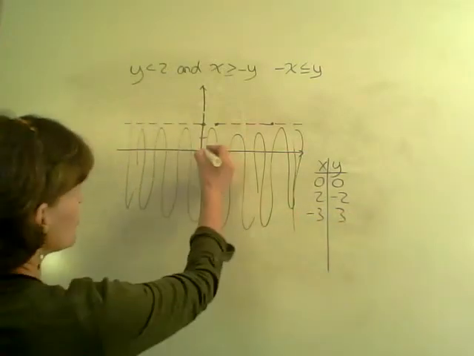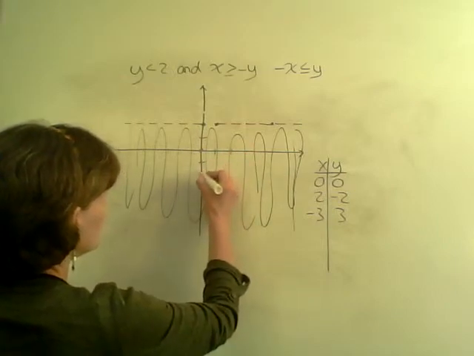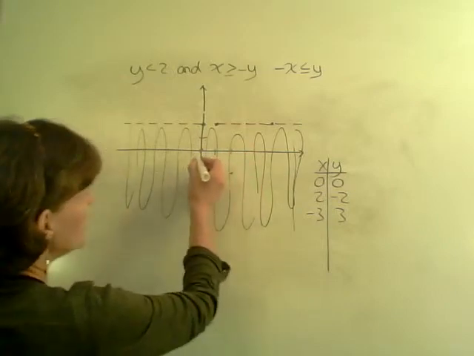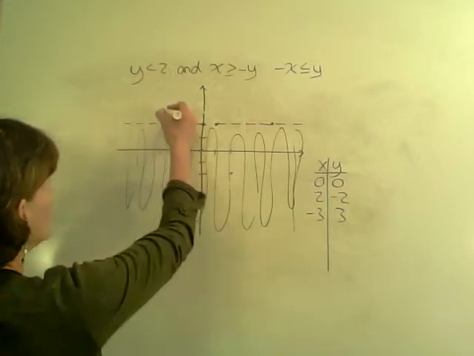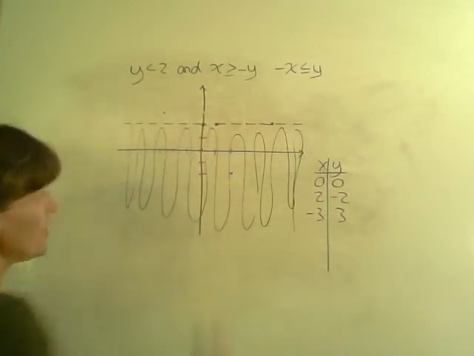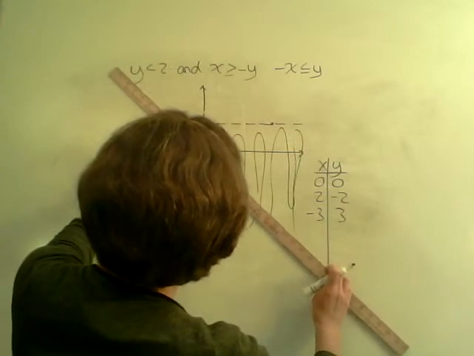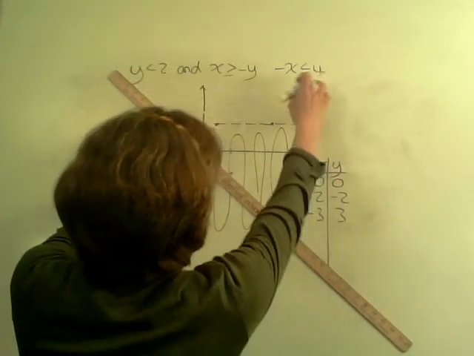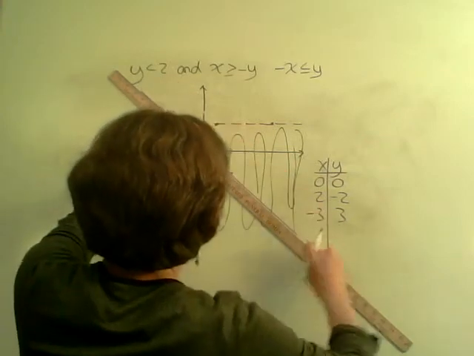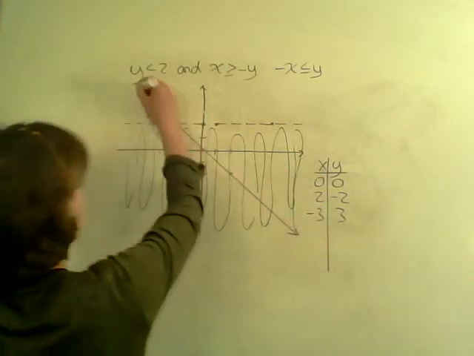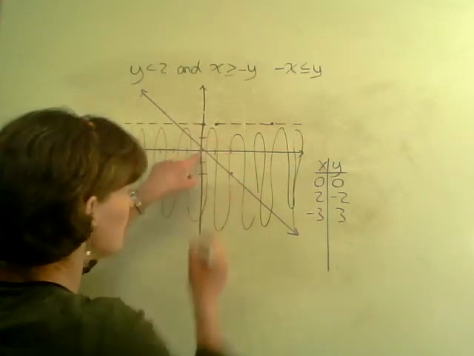So when I graph these points, here's 0, 0, 2, negative 2, negative 3, 3, and then when I draw my line, this time it will be a solid line because it is y is greater than or equal to negative x. So here is my line. It's a little bit hard to do this without graph paper, but it does go through 0, 0.